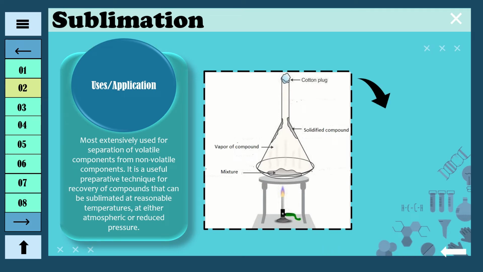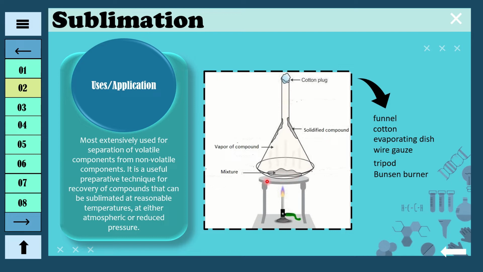Materials needed for this setup are funnel, cotton, evaporating dish, wire gauze, and tripod. If you don't have a tripod, you can use a hot plate, and a Bunsen burner. How to do this? First, you have to spread the crude, dry solid to be sublimed in an evaporating dish. Place the evaporating dish supported by a wire gauze on a tripod.